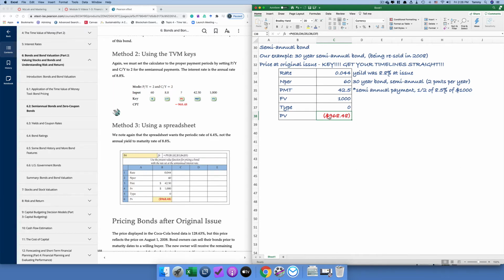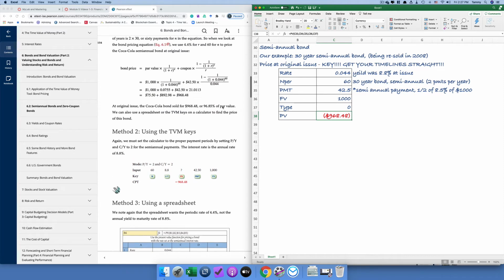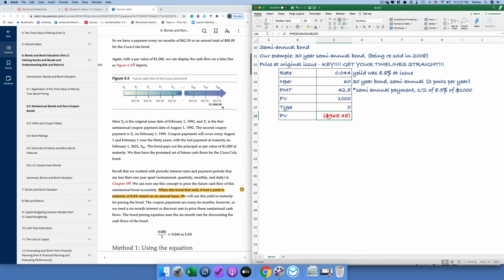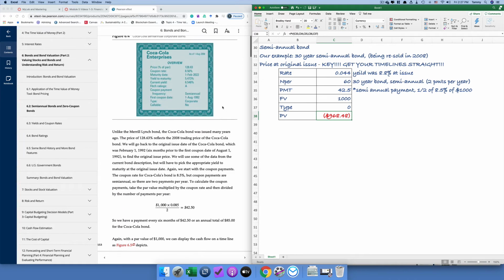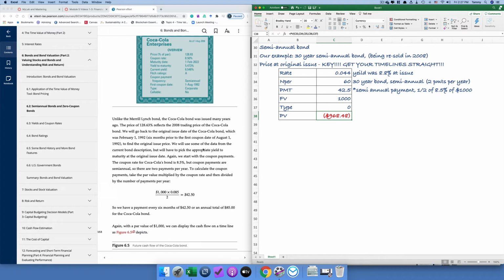So in 1992, when this was first issued, with an 8.5 coupon but an 8.8% yield, you would have actually paid less than that $1,000 for it. Slightly less. So that's how you price this at its original issue.